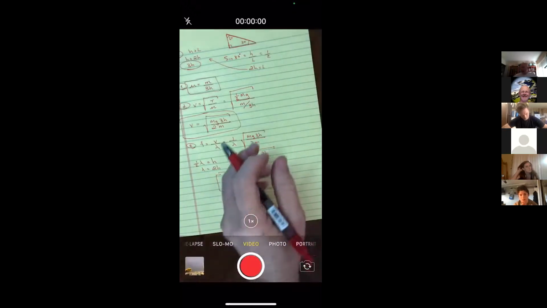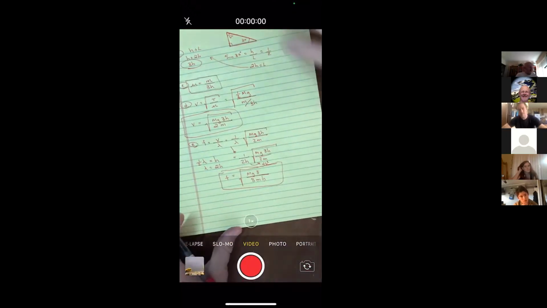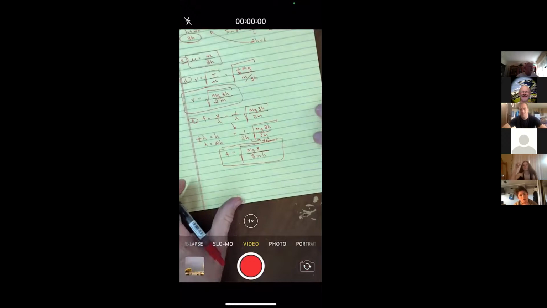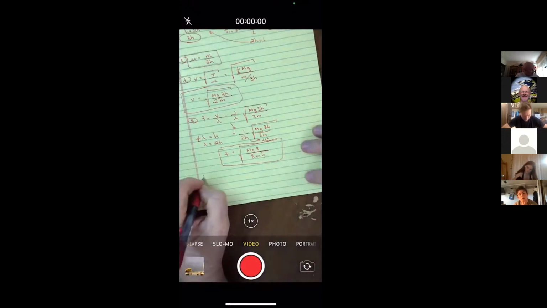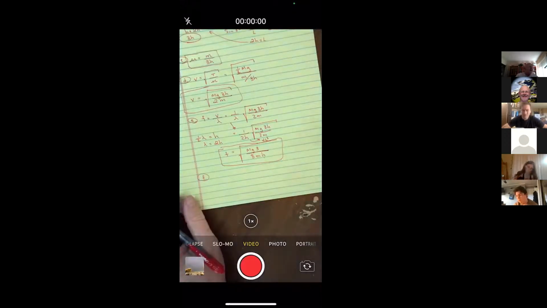Okay, so let's see. This is E, find the lowest frequency. On to F, find the period of the standing wave having 3 nodes.